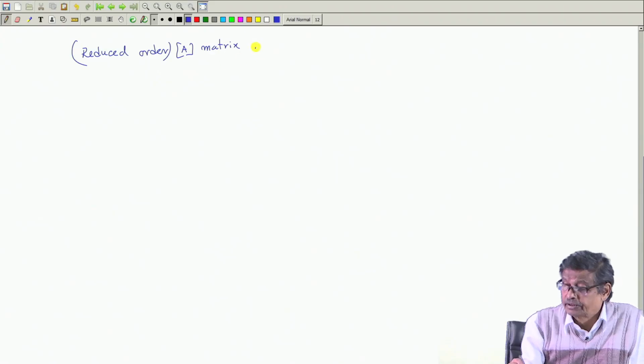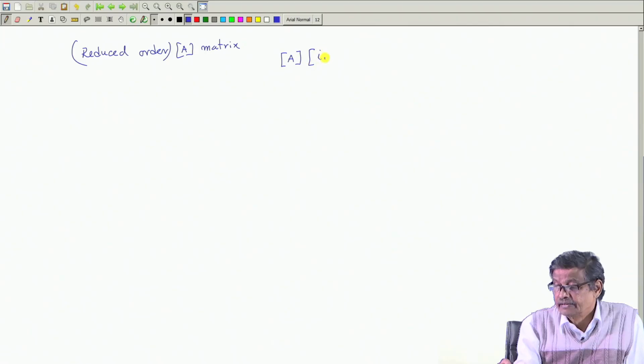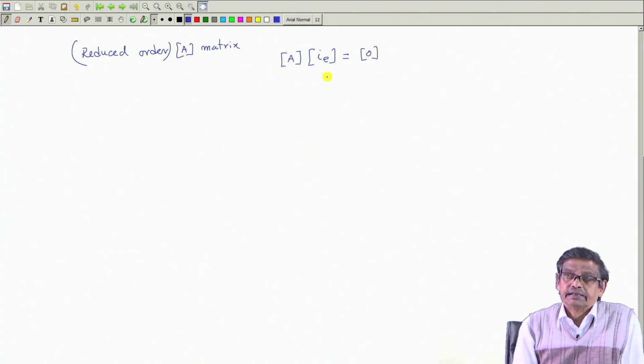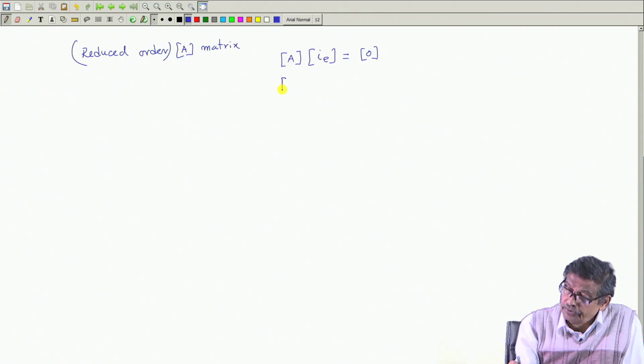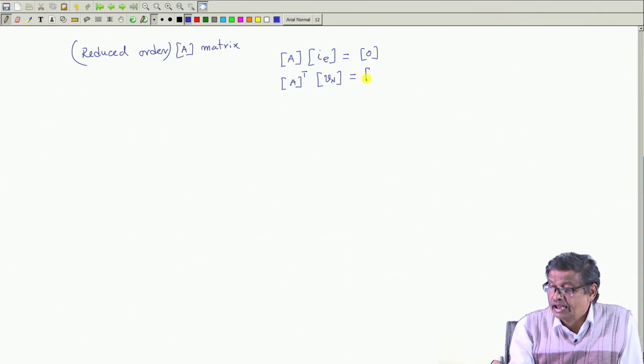So, in conclusion, it is like this: A into I E is equal to 0, where square brackets indicate a matrix, and also we have seen that A transpose into the node voltages, a column of voltages, will give you the element voltages.